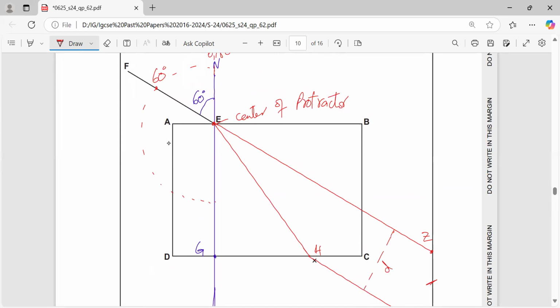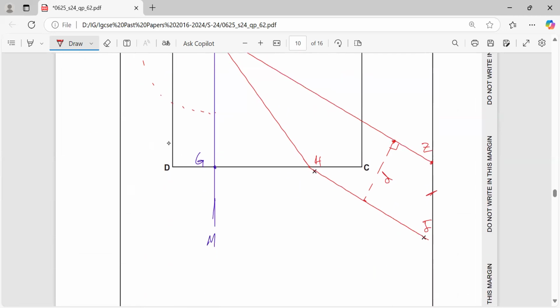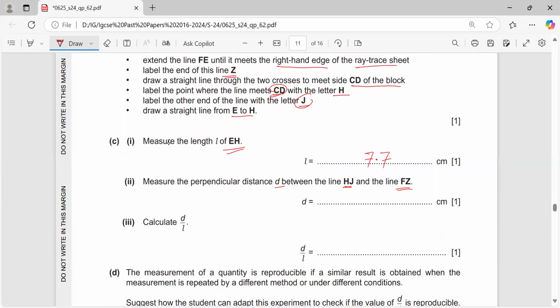It is a straight line but perpendicular, such that this angle should be 90 degrees. When I am measuring this with the ruler from here till here, be careful, you have to use the centimeter side. It is almost 3.1 for me.